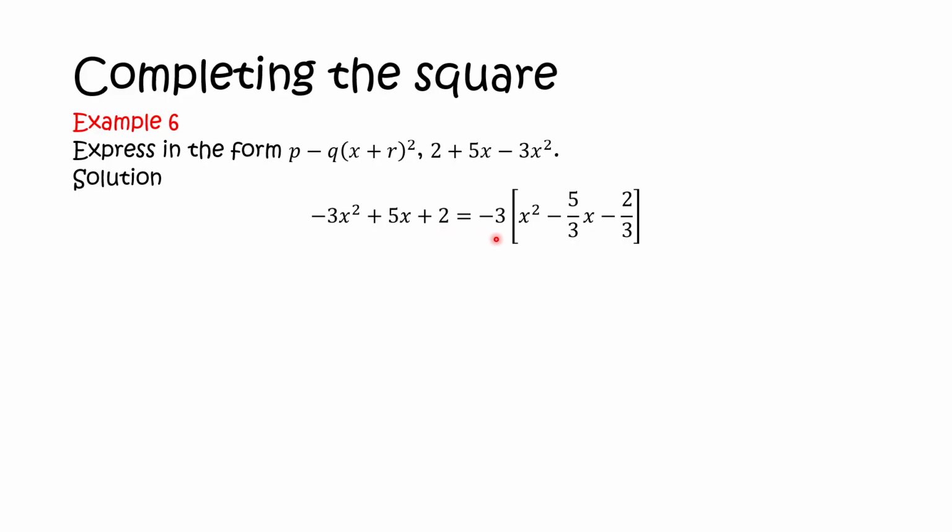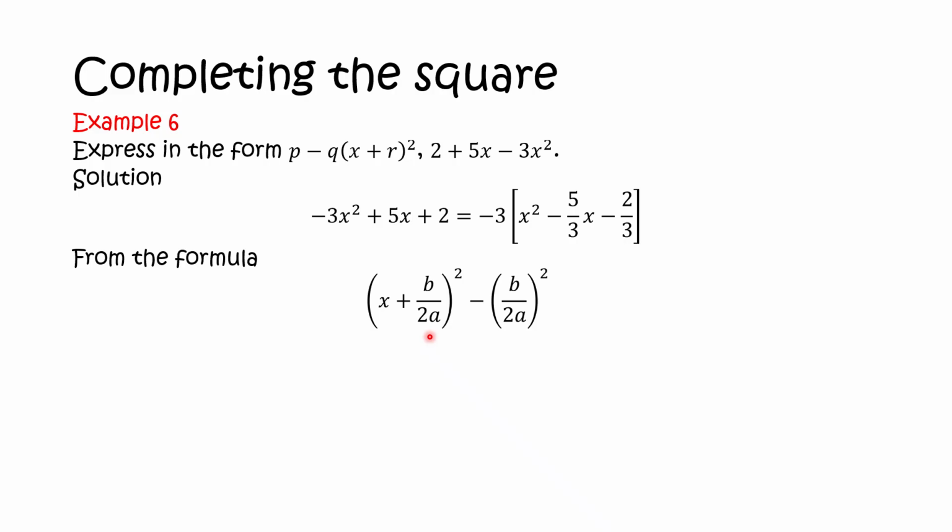The second thing is to factor out the coefficient of x squared, so that we have it as a 1. So we factor out the minus 3 outside the square bracket or parenthesis, so that we have inside the parenthesis x squared minus 5 over 3x minus 2 over 3.